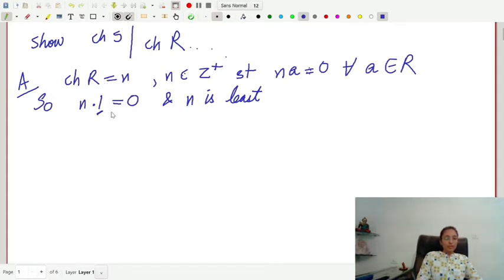And moreover, characteristic is equivalent to the characteristic of unity, basically its order.